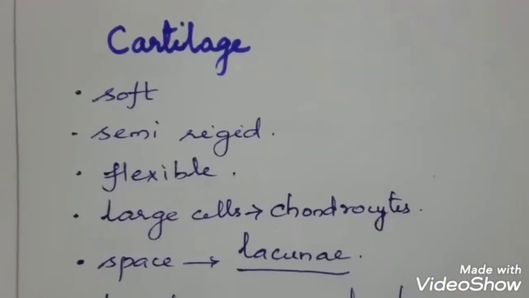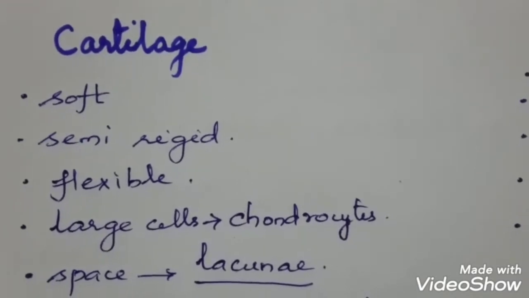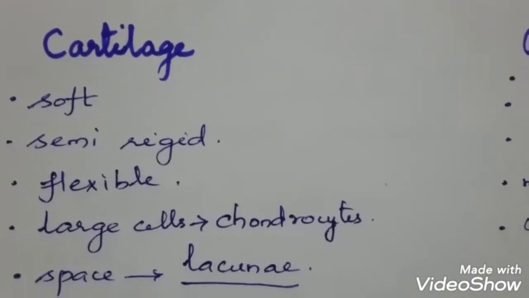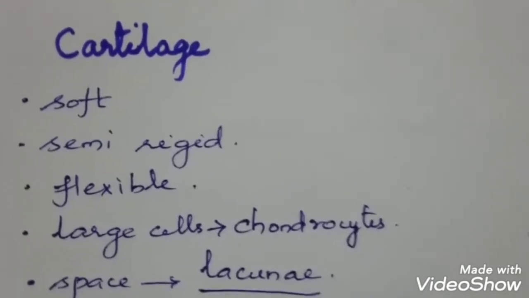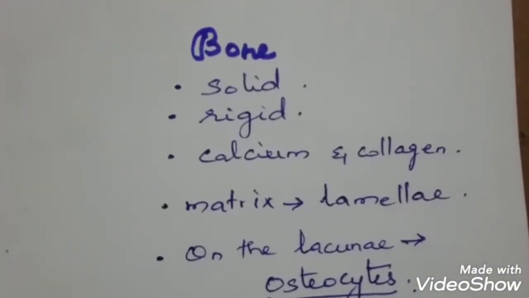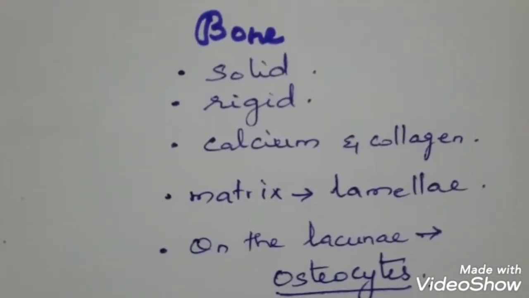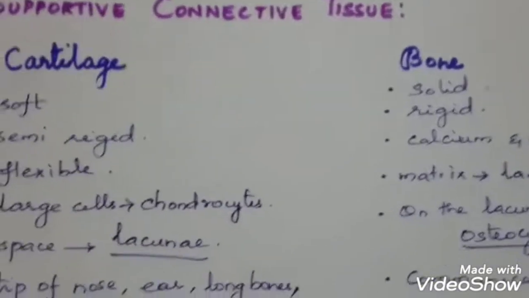Here, in the cartilage, you can see large cells. The cartilage cells are very large and are known as chondrocytes. In between these large cells, you can see spaces known as lacunae. In the lacunae, osteocytes are present, that is bone tissue.